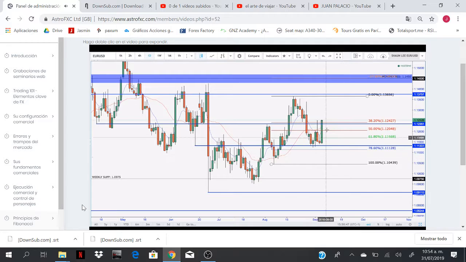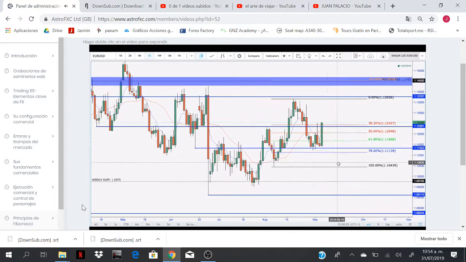But this move, if we do get this close on this daily time frame, I would consider this to be a 61.8 retracement. As I said, we can go in the middle or even down to the 78.6, but this price action, which is more or less in the middle of 78 and 61.8, is still a valid Fibonacci retracement because now the price has pulled all the way back above.